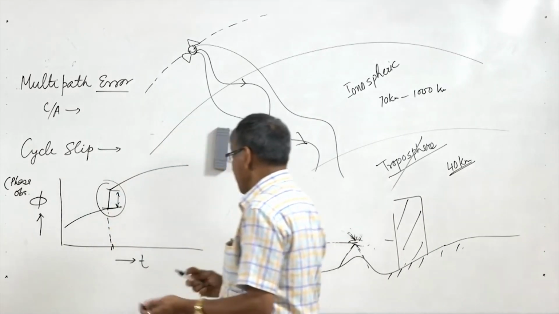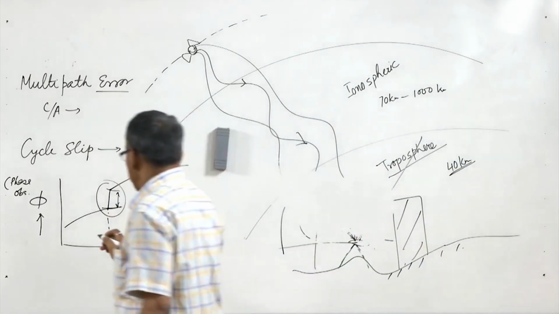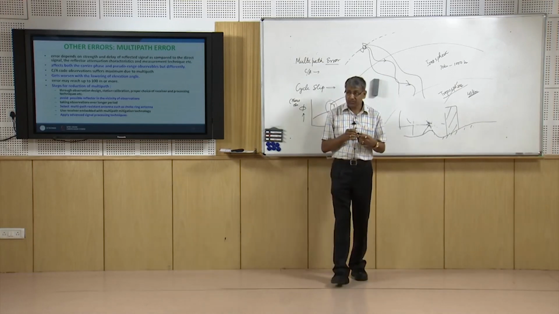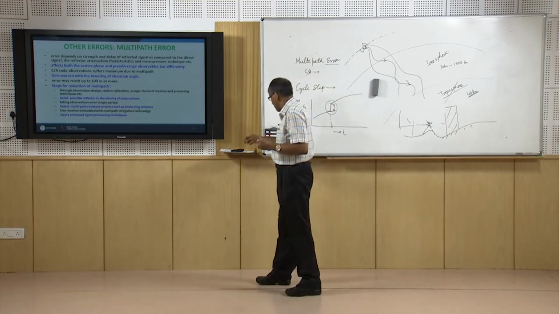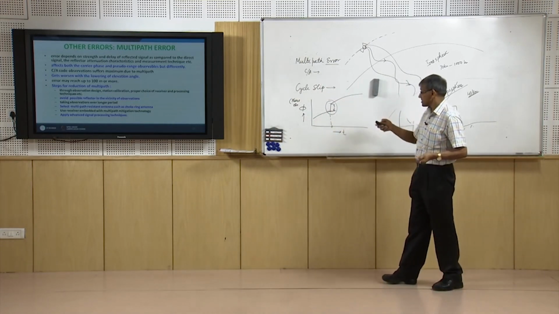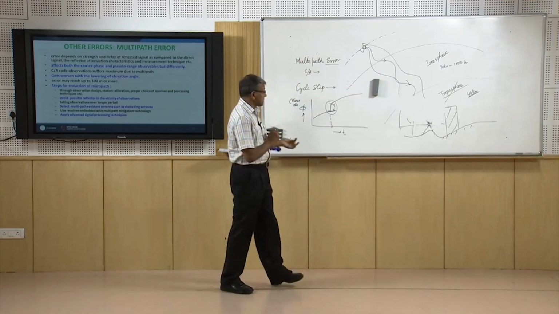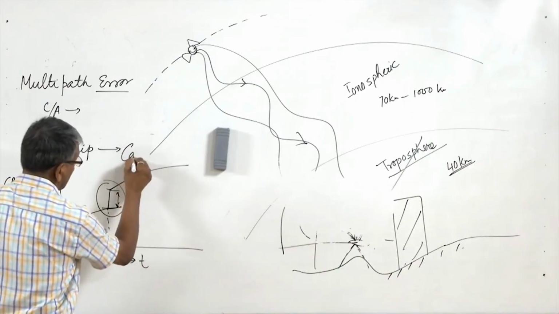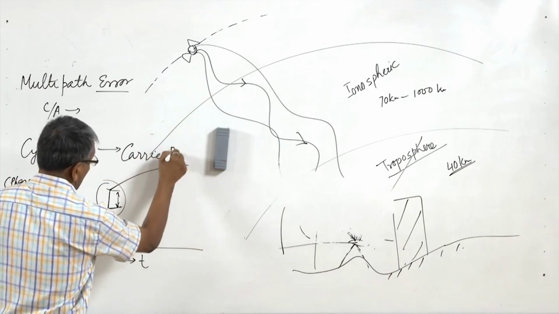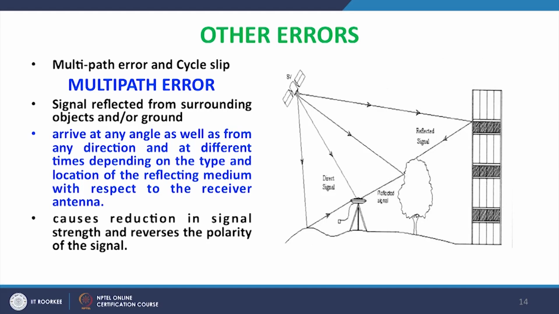This can be taken care of through pre-processing, and many commercial software packages provide the flexibility to process this data and remove the cycle slip. Incidentally, the cycle slip occurs only for carrier phase measurement. So this is what we can show about the cycle slip.